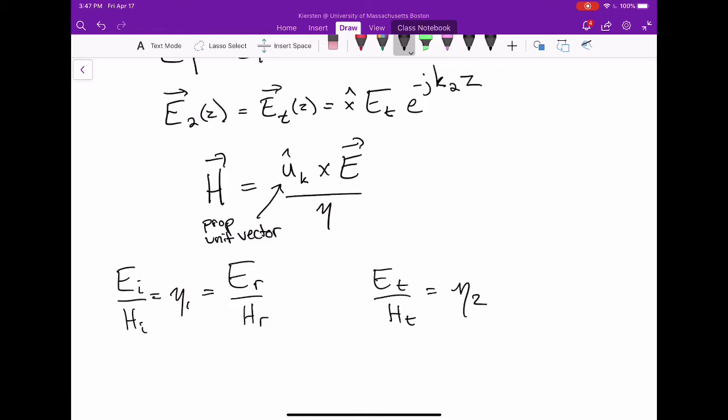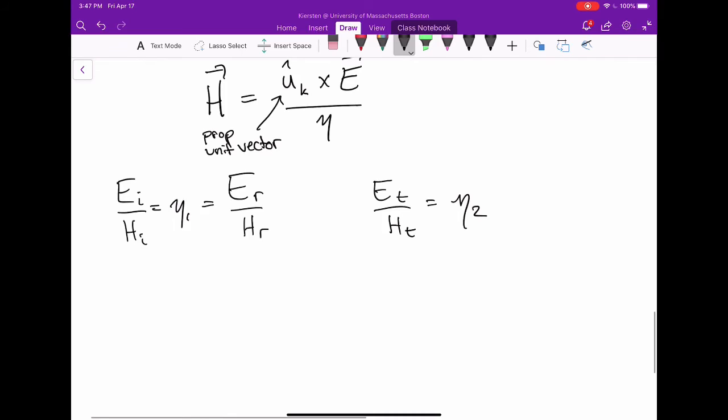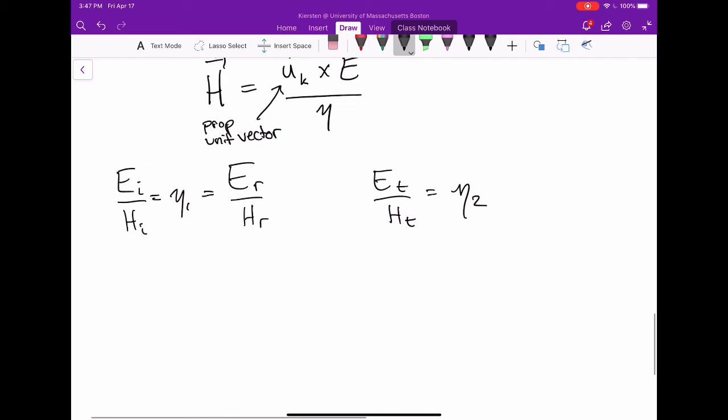That's not quite enough to solve the problem. We also know some boundary conditions.